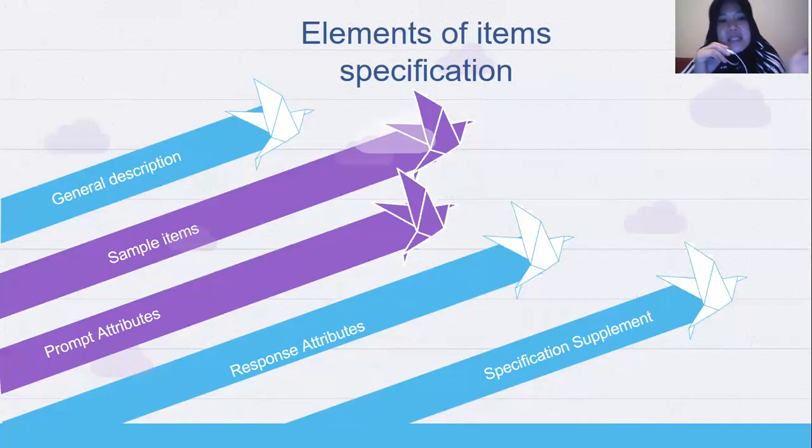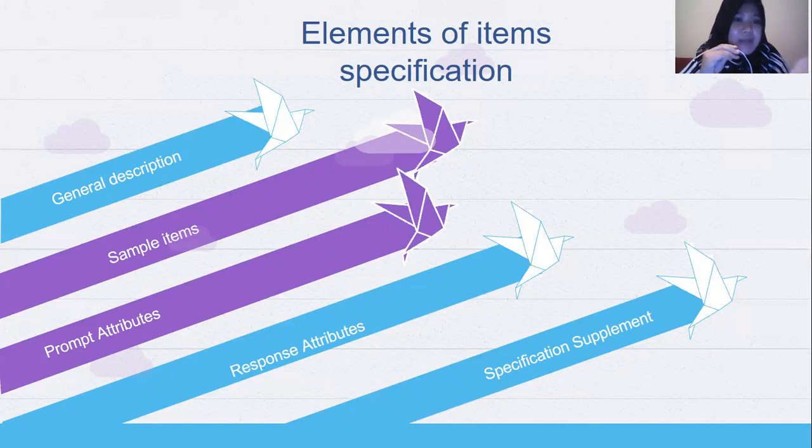Sample items are such as examples related to the following questions or items that are given to them. There must be a clear example so that the examinee will understand precisely what they need to do, and try to make it relevant.